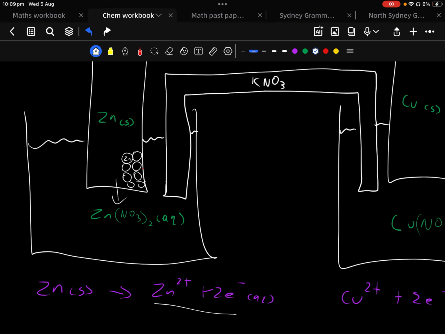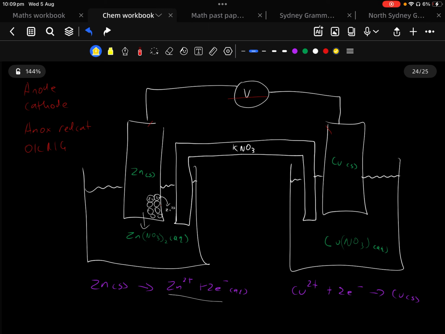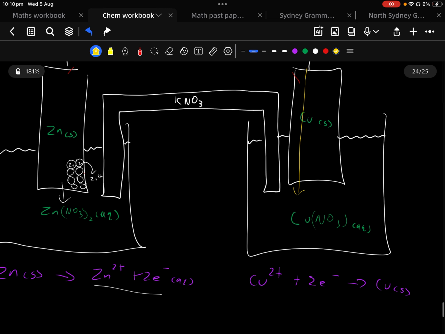When it loses two electrons, these zinc atoms fall into the solution to become Zn2+, while the two electrons travel all across to the other electrode, the cathode, and the electrons fall all the way into the solution, where they combine with the solution to form copper atoms within the cathode.